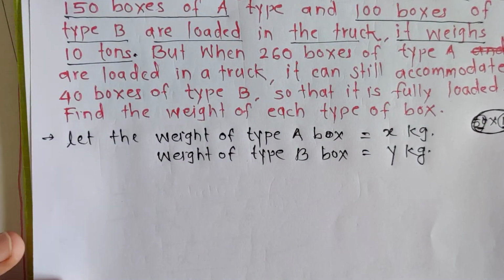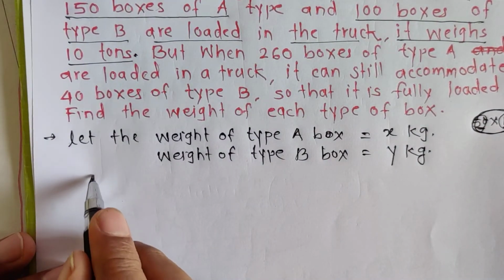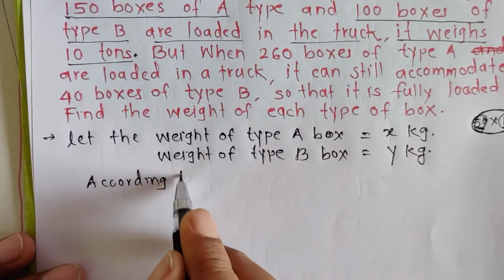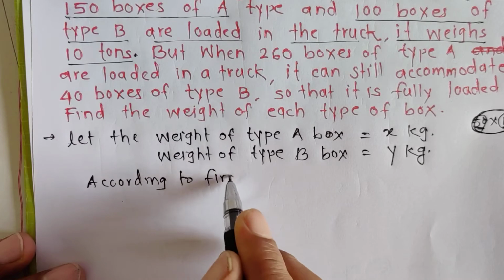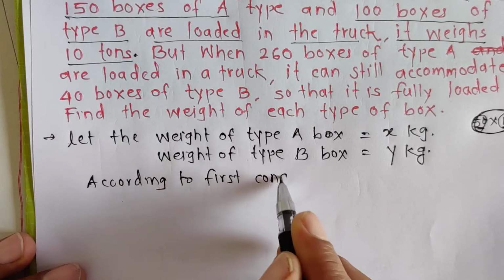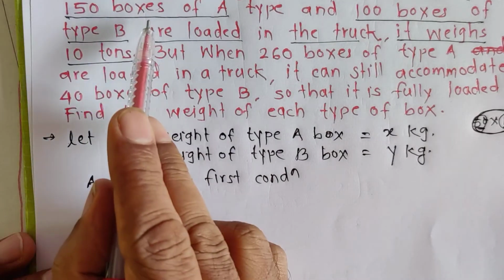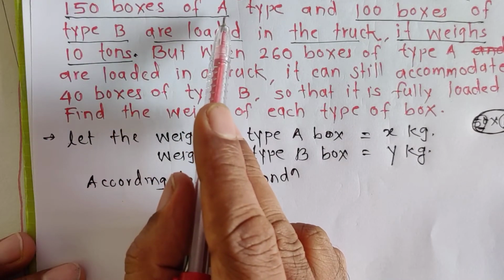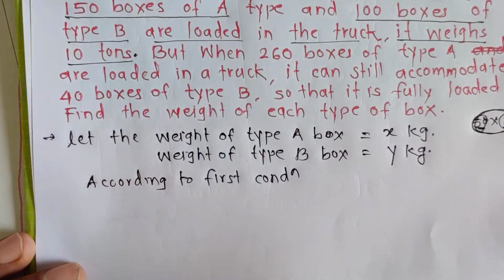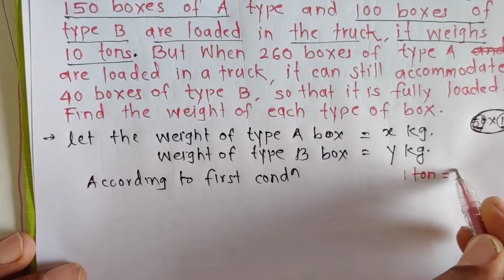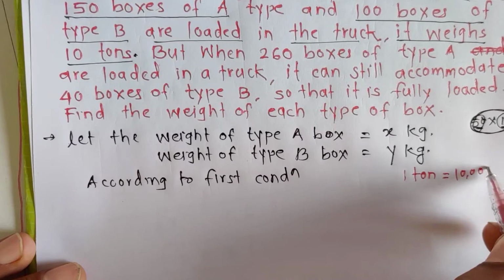So same condition here we have to use. So according to first condition, when 150 boxes of A type. So here remember one thing, 1 ton is equal to 10,000 kg.